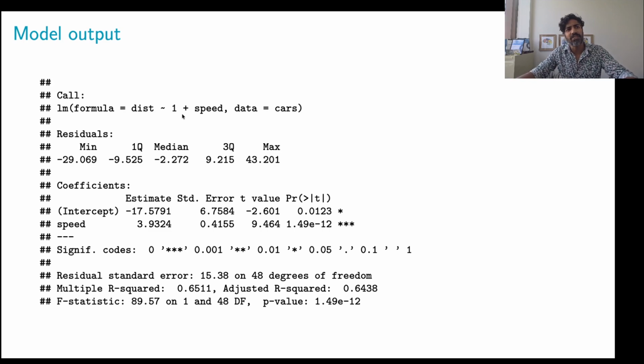You may be asking what this one reflects. It's actually an option in R that allows you to let the intercept vary. Is the intercept free to vary? You can set this as 1 or 0. If it's 0, the intercept must go through 0, which would change the slope. If it's 1, it's free to vary.